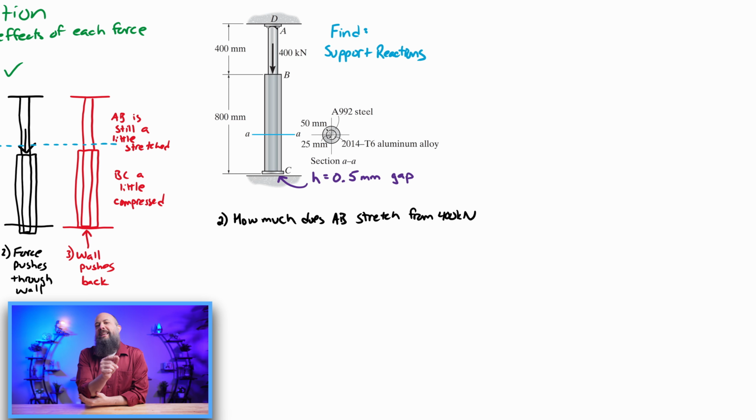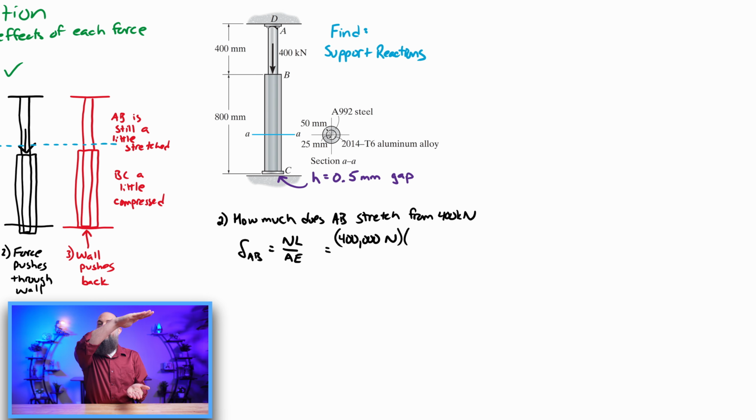This 400 kilonewton force is going to be pulling section AB in tension, because while the 400 is pushing down, the ceiling at the top is holding it up. So we're pulling the top in tension. But BC, since C is just floating in the air, the 400 is pushing it down and nothing is pushing back up.